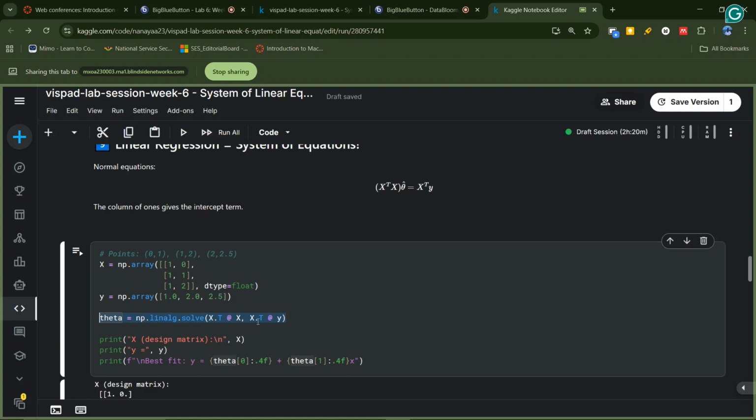And to find the unknown, we've been able to understand that the best to use is np.linalg.solve, that particular method from NumPy. So this thing I've highlighted over here is trying to do exactly this.